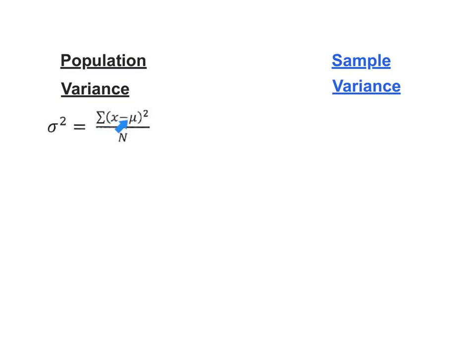Subtracting the mean from the data value, squaring it, and then adding all of those up. Depending on however many values there were, you had to do that subtraction and squaring that many times. If you had a small data set, it wasn't going to be too bad. But if you had a data set of 100 data items, this would take you a while.